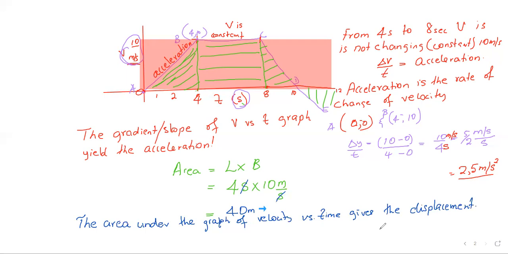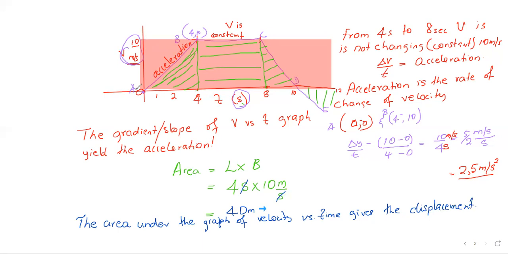Having arrived at this conclusion, you realize that this object from the 4th second to the 8th second was moving at a constant velocity. There was no increase in velocity. But from the 8th second to the 10th second, you're going down from 10 to 0.